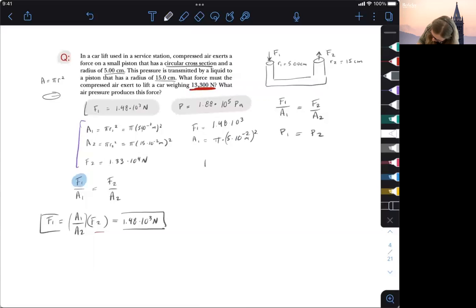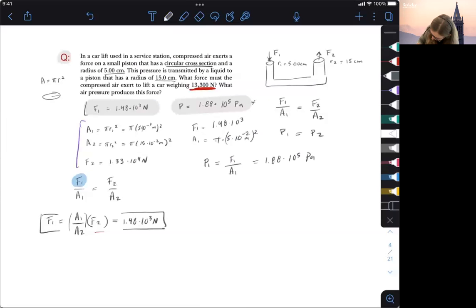And then our P1 is going to be what air pressure produces this force. So our P1 is going to be equal to F1 over A1. So we plug in our F1 and then our A1 values, and we get a pressure of 1.88 times 10 to the 5th pascals.